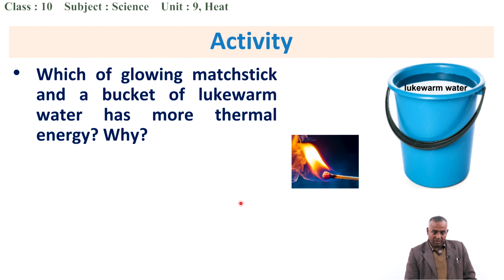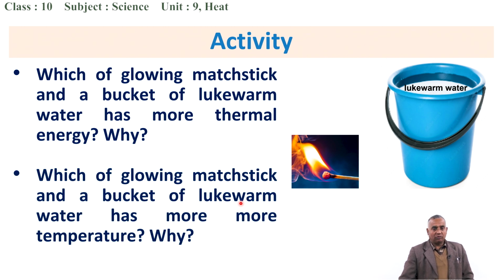Okay. And which of them has more temperature? Yes, that is absolutely the matchstick. It may burn you, because it has more temperature. The lukewarm water may not burn. Yes, so that has less temperature. Average kinetic energy is more here and less there.